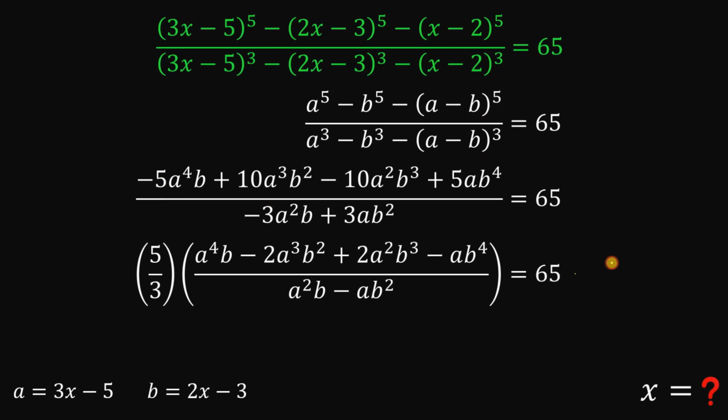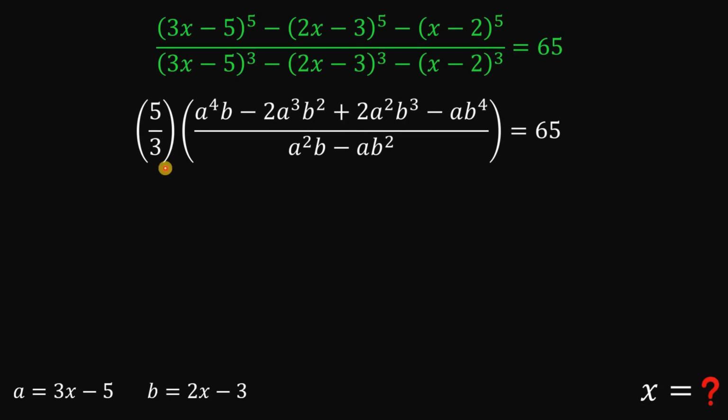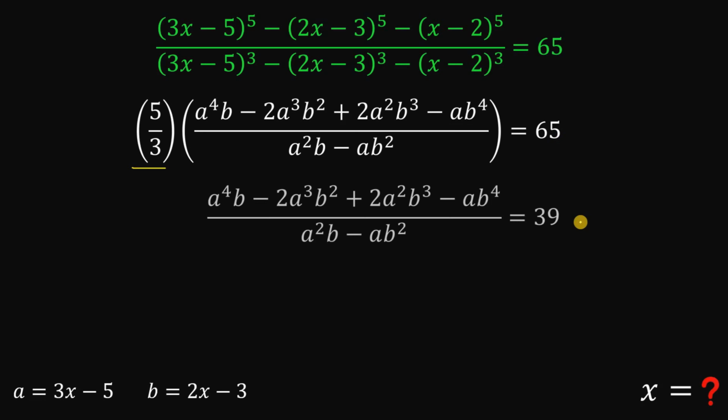Now let's focus on this result. Then we are going to eliminate this 5 over 3. To eliminate this, let's multiply both sides by 3 over 5. So we have 65 divided by 5 is 13, times 3, we have 39.